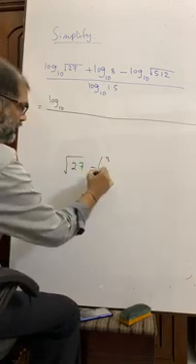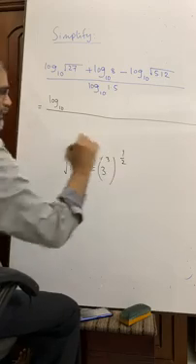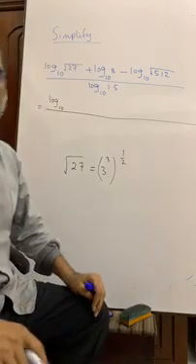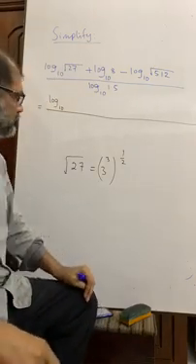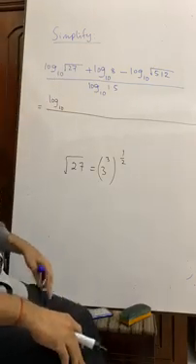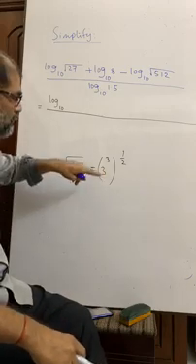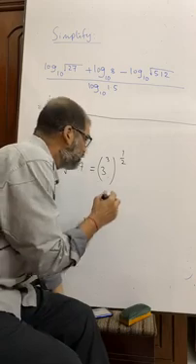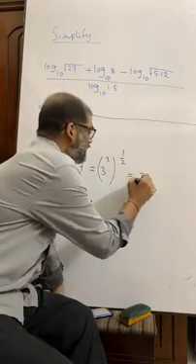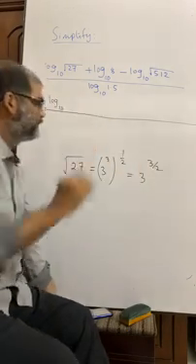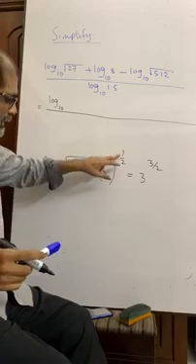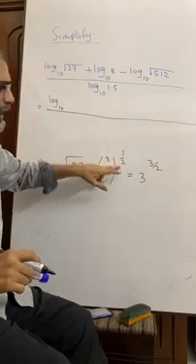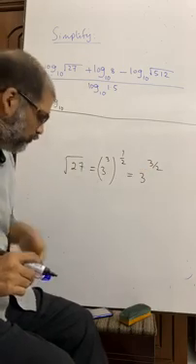Root over means power half. Square root means power is half. And we know during power of power, the powers are always multiplied. 3 to the power 3 by 2. 3 into half, that is 3 by 2.